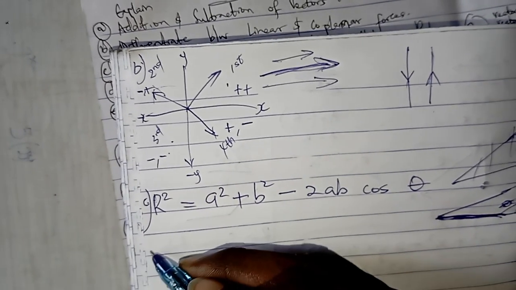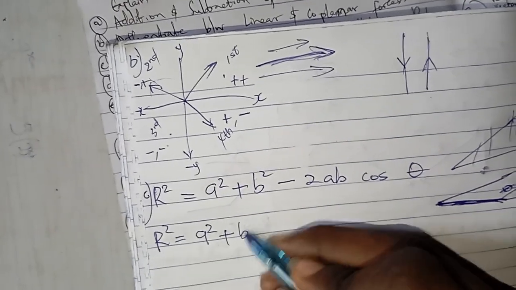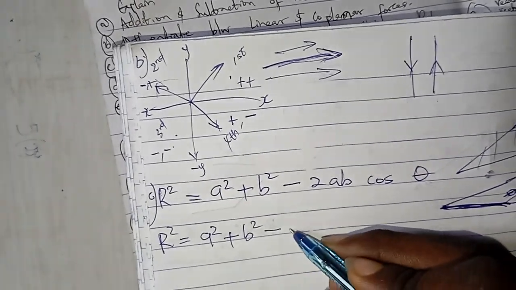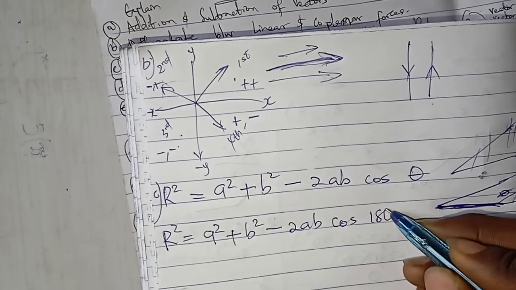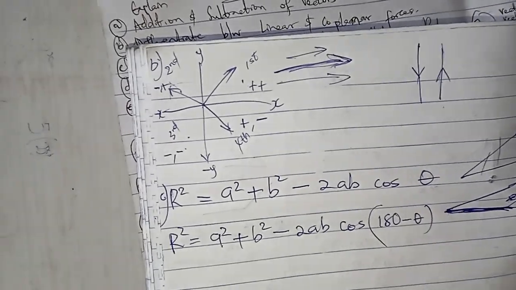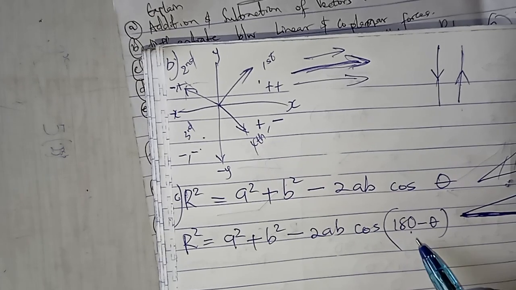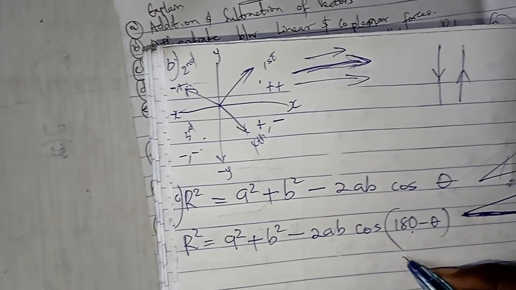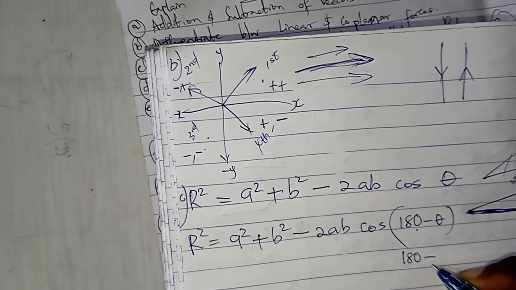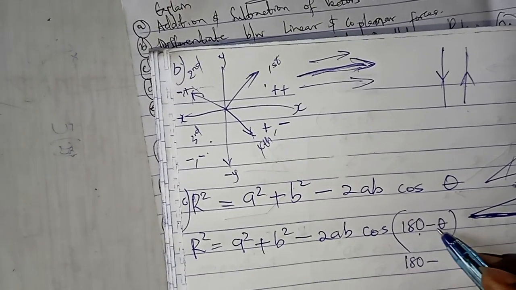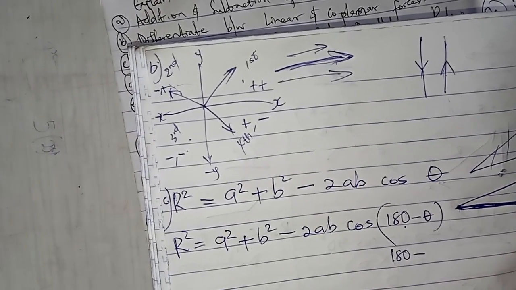Now for parallelogram rule, r square equals a square plus b square minus 2ab cos of 180 minus theta. Let's check. Let's say this is 180 minus this particular angle, if this is the theta given to me.